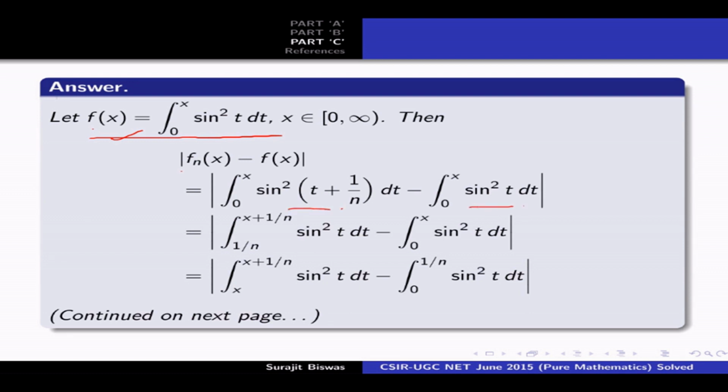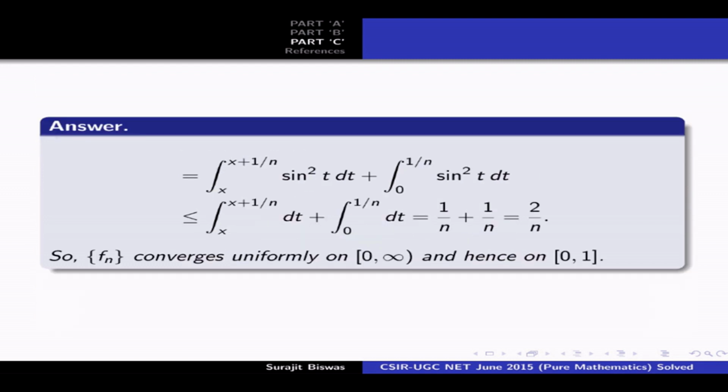Now this first term can be written by using a translation of 1 by n. We can write this as integration 1 by n to x plus 1 by n of sine square t dt minus integration 0 to x sine square t dt, and by simplifying this it would be equal to integration x to x plus 1 by n of sine square t minus integration 0 to 1 by n of sine square t.